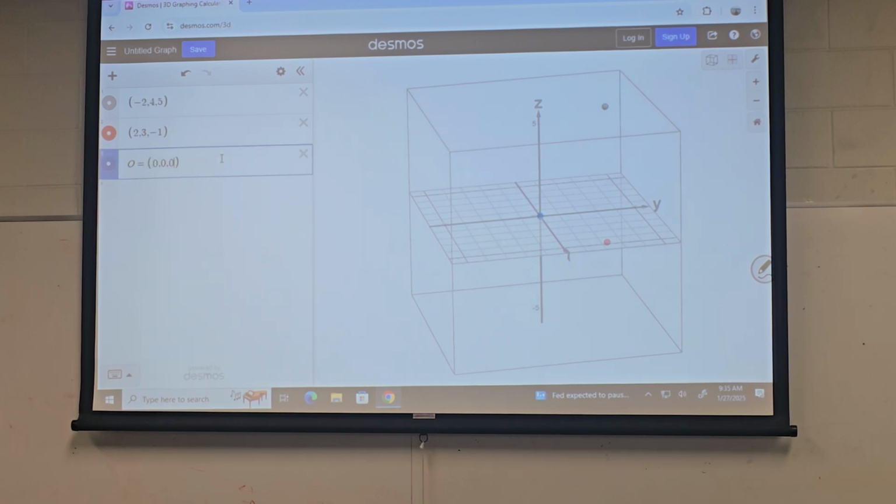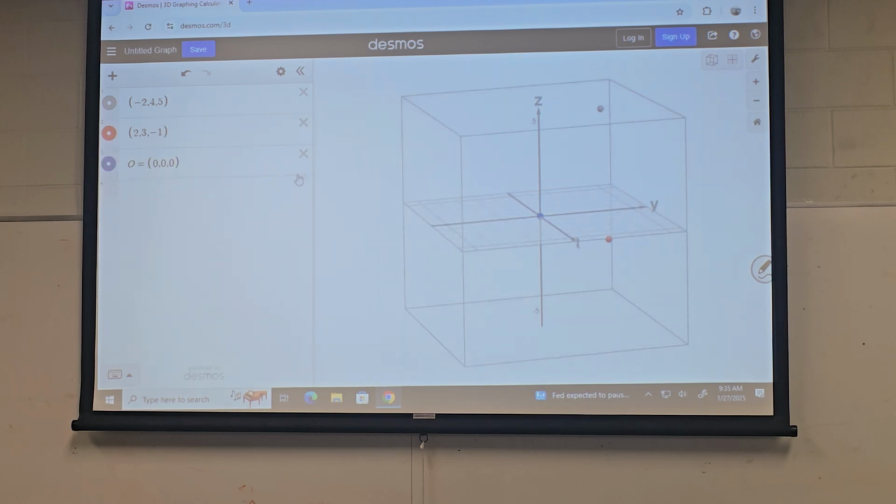So again, I'm going to call O the origin, 0, 0, 0. And I want V to be the vector from the origin to what I'm going to call point A. And I want M to be the vector from the origin to what I'm going to call point B.